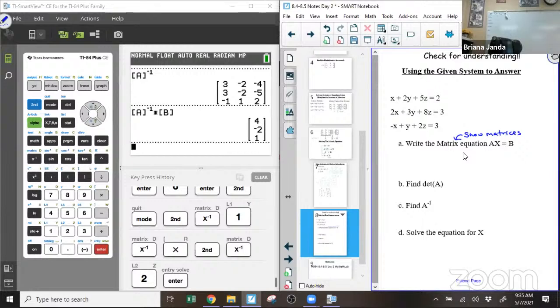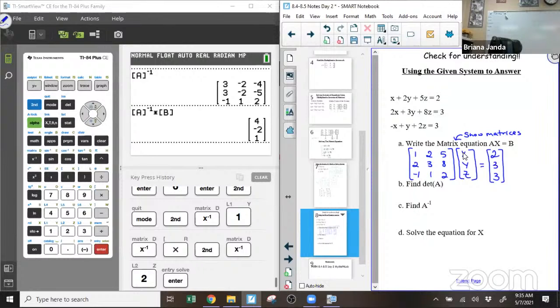A is our coefficients matrix. X is our variable matrix. And B is our constants. That's all you have to do on part A. You just write out the actual matrices.